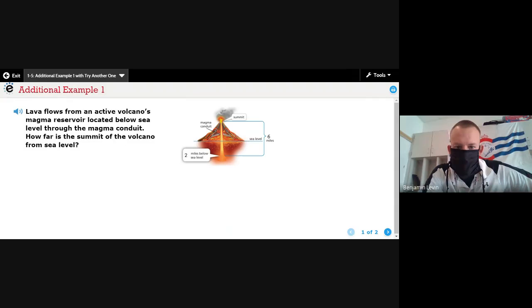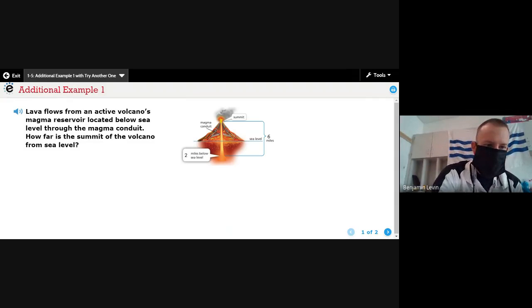So this is 6 miles and it's 2 miles below sea level. Let's clear the frame. So we have a total distance of 6 miles, right? 5, 4, 3, 2.